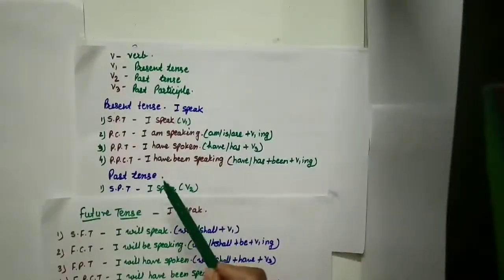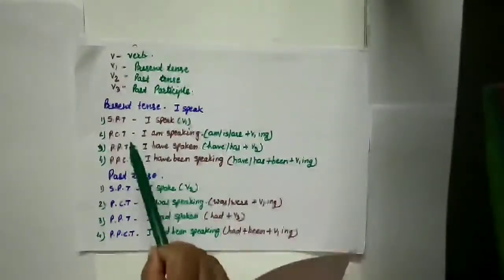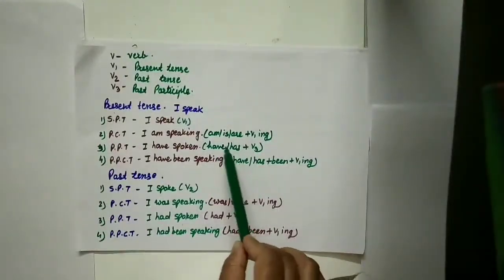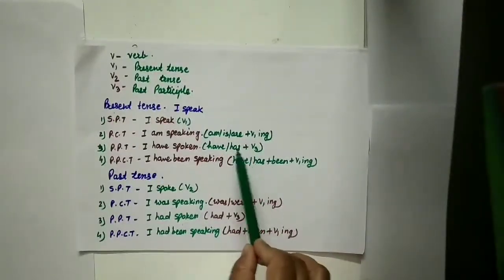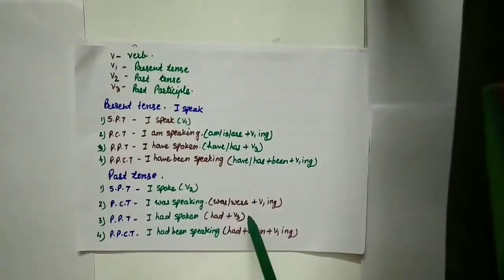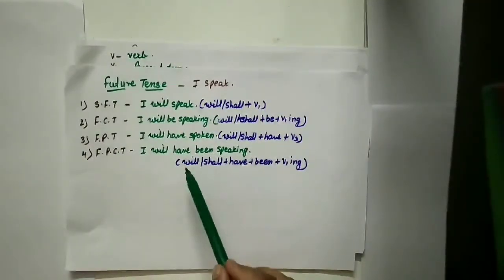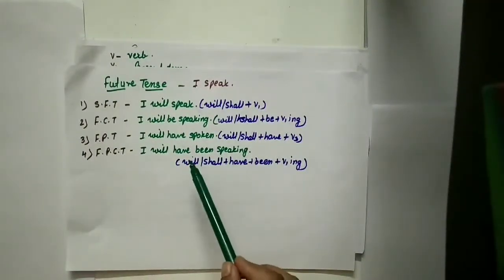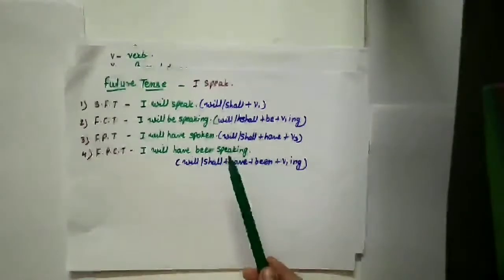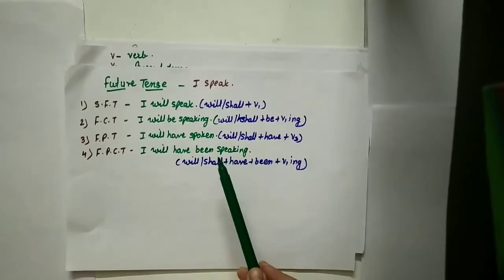Table means this format, the present tense format. If a sentence is in these tenses, what we are going to add and how to make the changes in the words, in the present tense, the past tense and the future tense. If you keep it in mind properly, then you can recognize the tense of any sentence, and also convert a given sentence into 12 tenses easily.